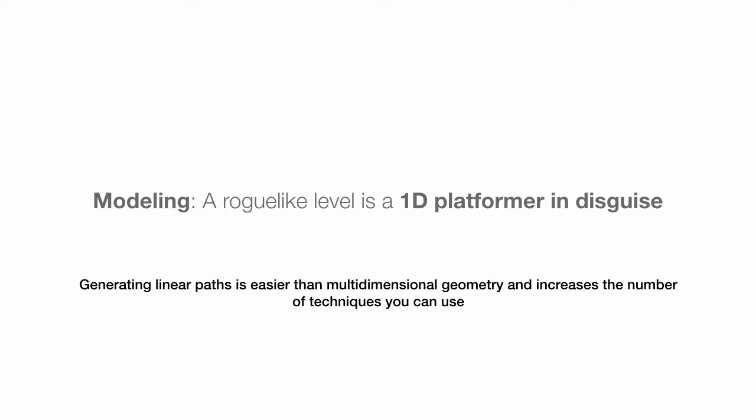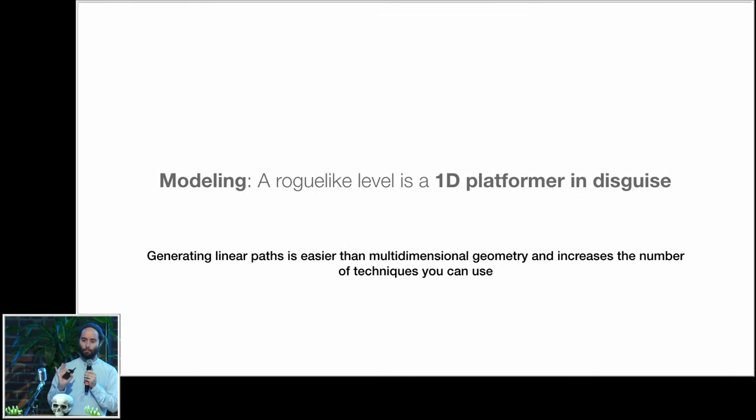I want to talk about how you would actually model a roguelike. We've seen what the objective is: make something that feels like it's made by a person. I think something that really unshackles you is to think of it as a 1D platformer. All you make is a decision to go left or right, and time brings you forward. This is easier than treating things as 2-dimensional.